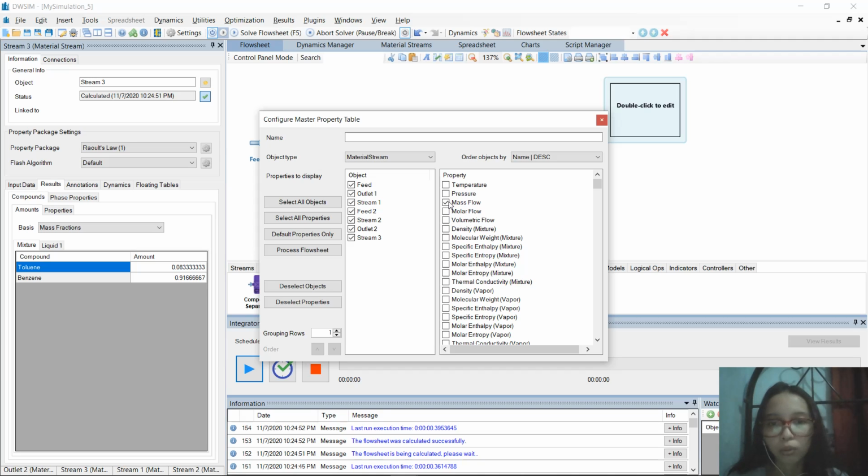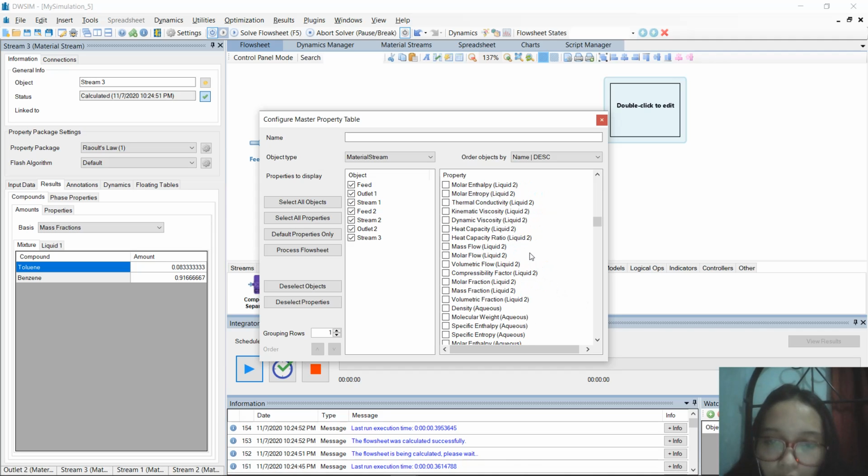Check mass flow and mass flow of toluene. The mass fraction. So we're just going to add mass flow of toluene and the mass fraction of benzene.